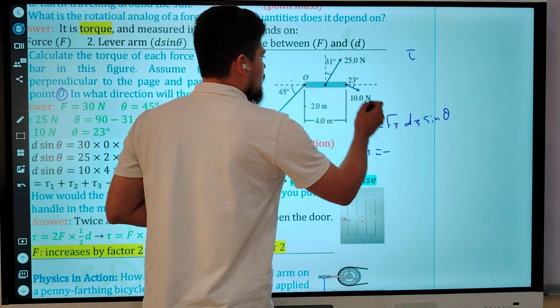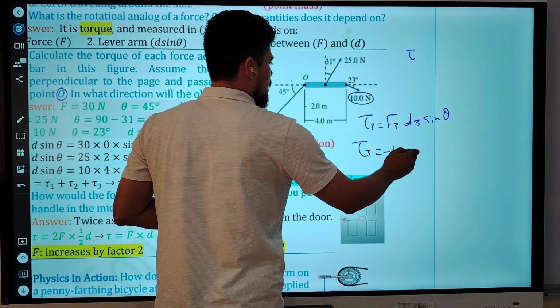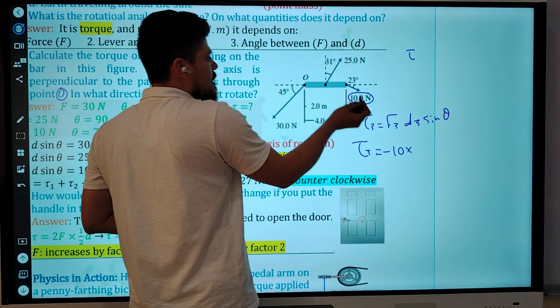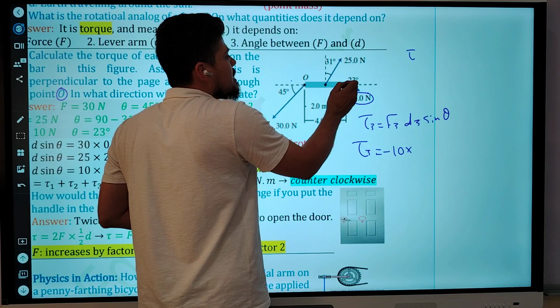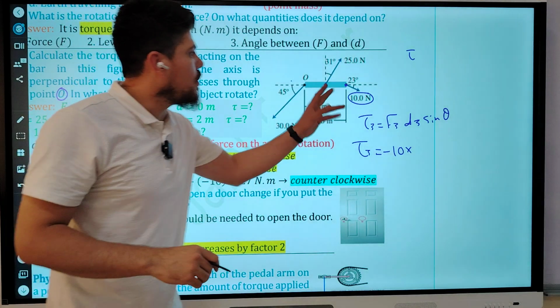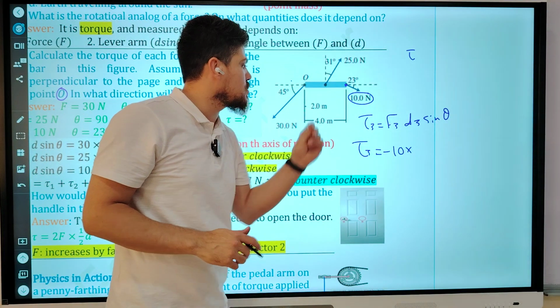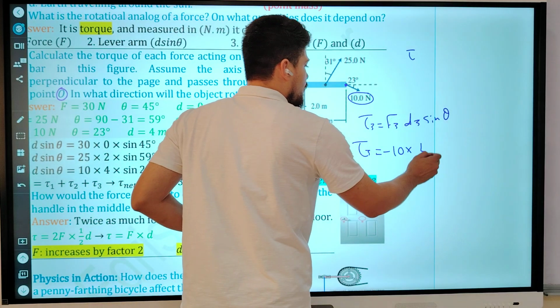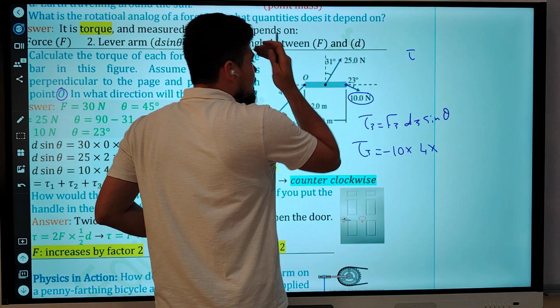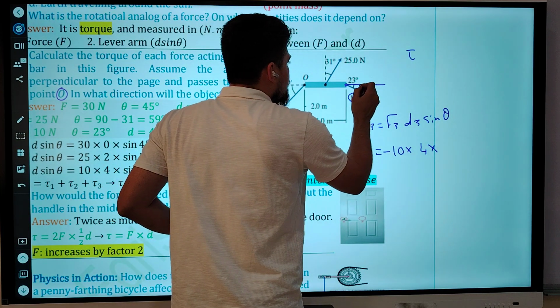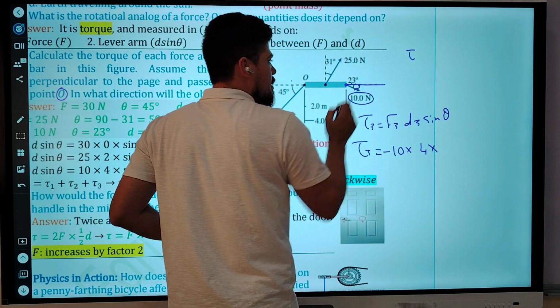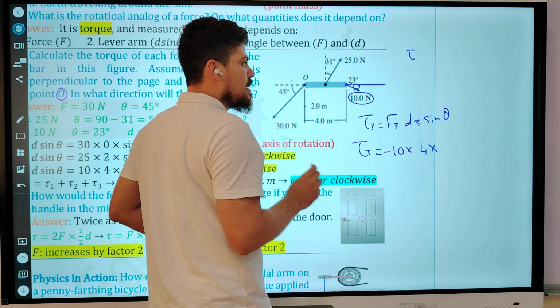and it's going to be what? Negative. Negative F3. Do we have F3? Yes, 10 Newton. Do we have D3? Yes, because this force is applied at the farthest point from the axis of rotation, that is why D3 is equal to what? 4 times. This angle is between force and D, yes, of course. This angle is between force and distance.